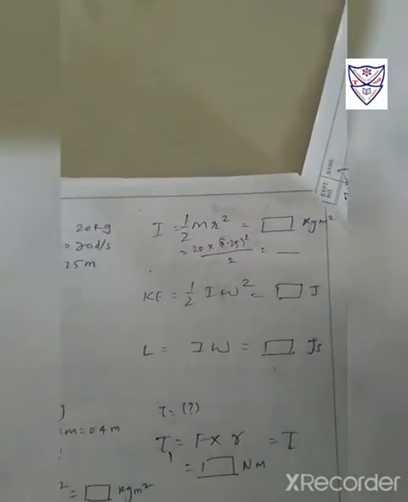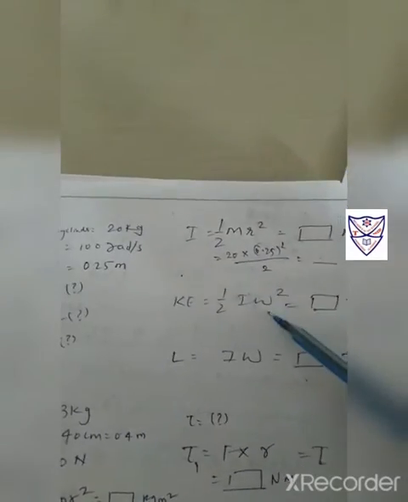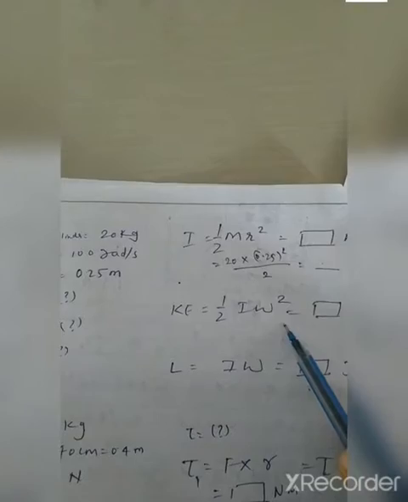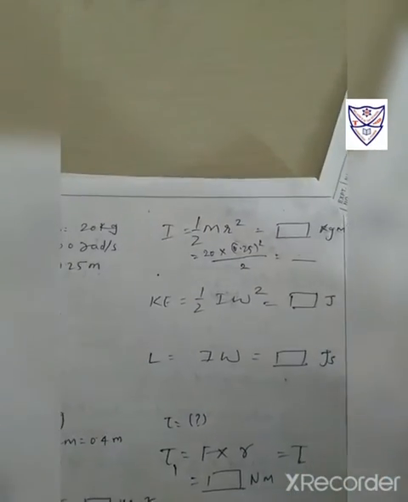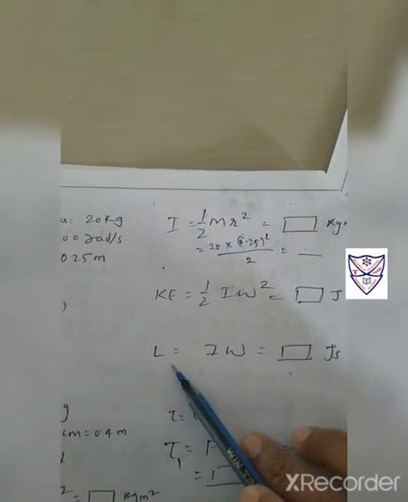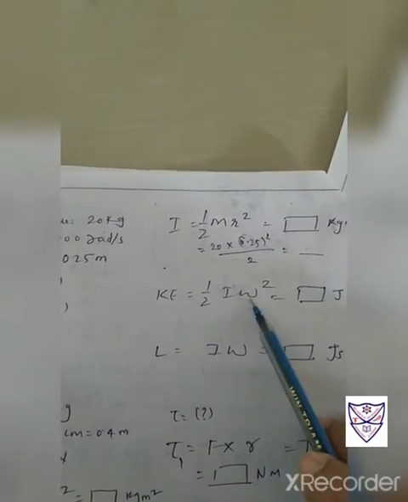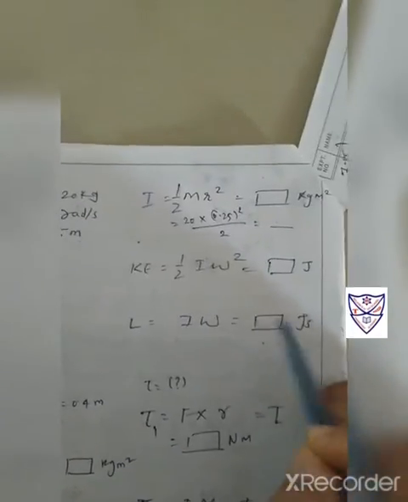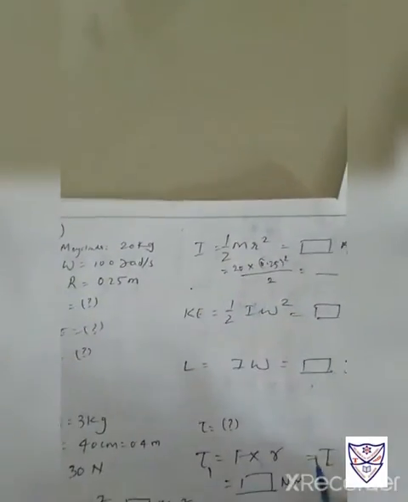I you have found from here. So using this value and omega, which is provided to you, just multiply these two terms and divide by 2, and you will get K, the kinetic energy. For L, you have already obtained the value of I, and omega is provided to you. Multiply these two terms and you will get L. It's a very simple sum.